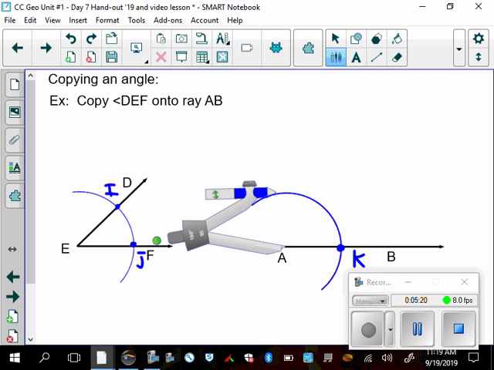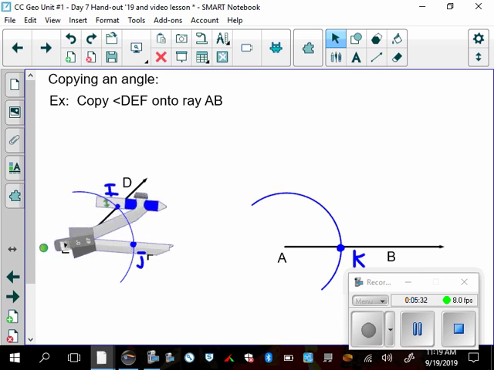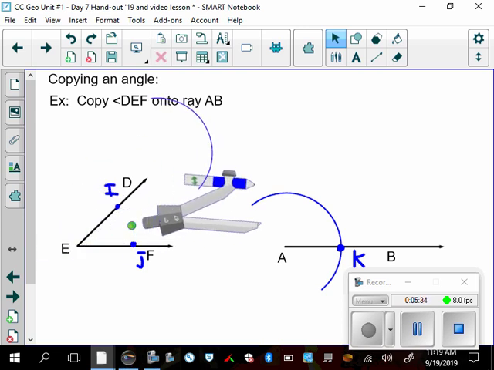Again, the beauty of the videos is you can pause, rewind, go back. So the hard part of this now is that I have to measure the distance between J and I with my compass. That's awkward.